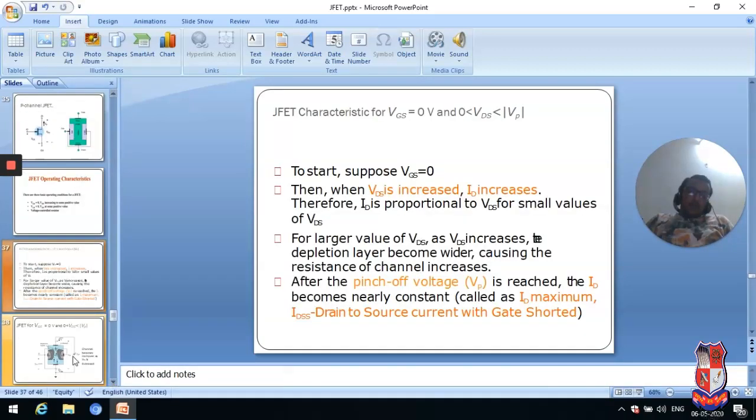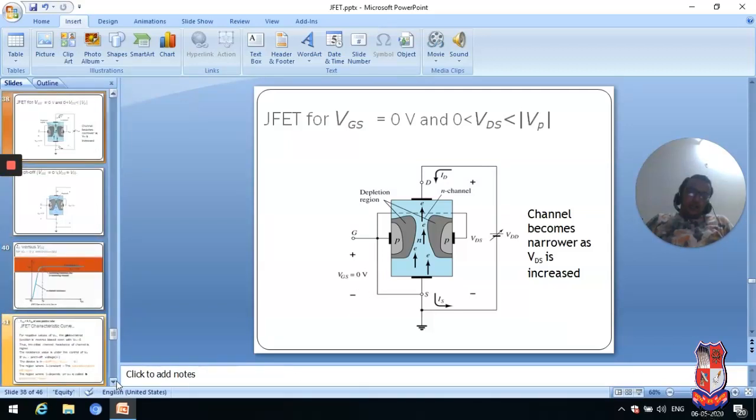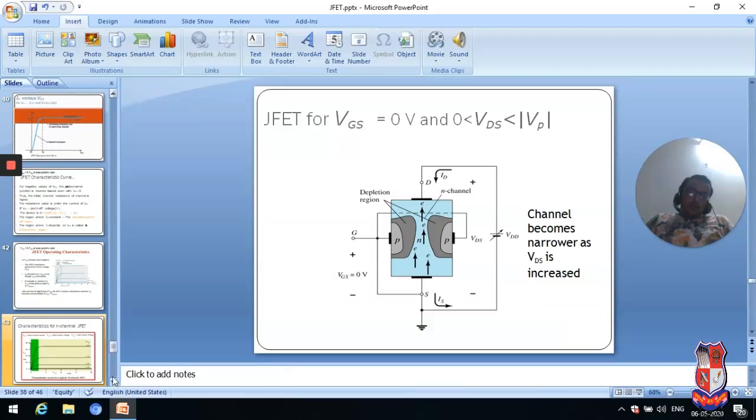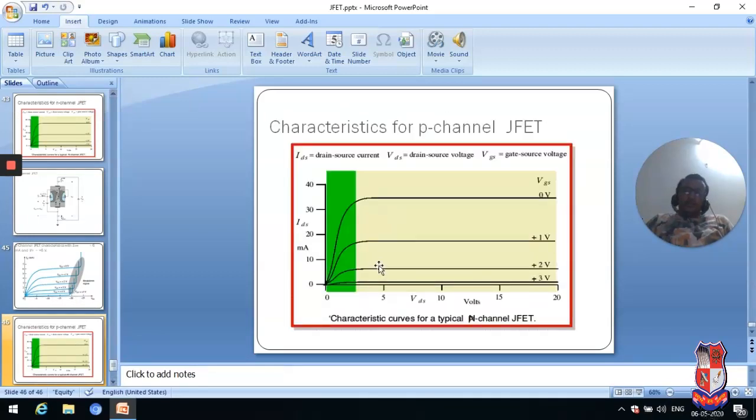VGS equal to 0 gives maximum current flow, but here it is for N-channel JFET. See this, it is for P-channel JFET. VGS equal to 0 gives maximum current, but if you want to control the current, VGS equal to positive.